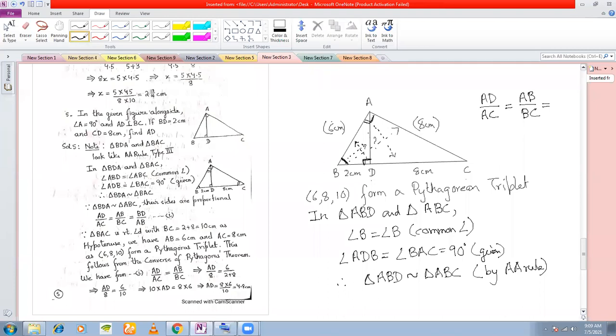In the smaller triangle, the angle that is left is this angle. In the bigger triangle, the angle that is left is this angle. Therefore, these two must be equal. In the smaller triangle, opposite to this side is the length BD, side BD. And opposite to this in the bigger triangle is the side AB. Right? So I have written the proportional sides.